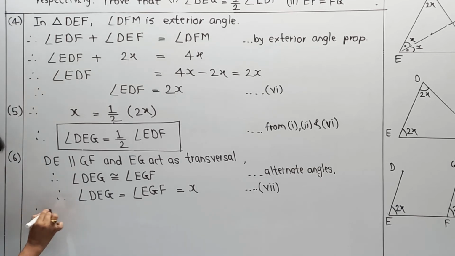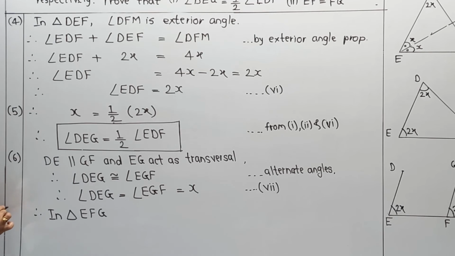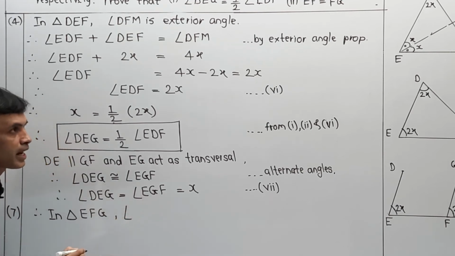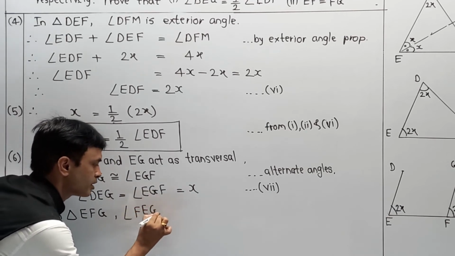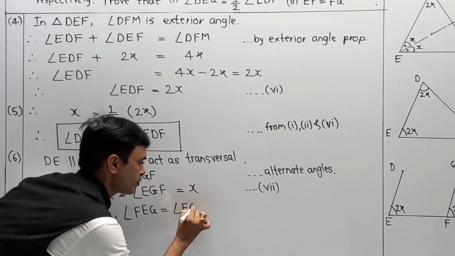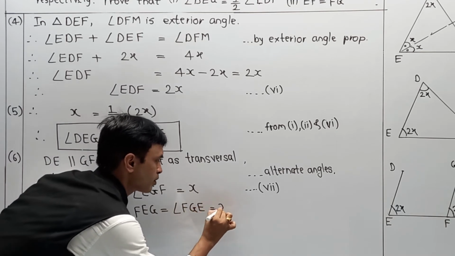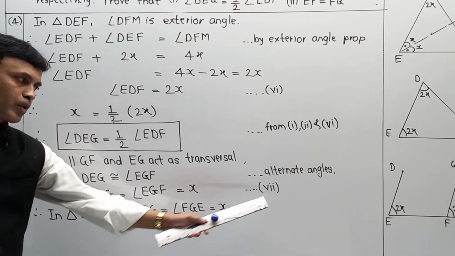In triangle EFG, angle FEG is equal to angle FGE is equal to x. This is x from 2 and this is x from 8.